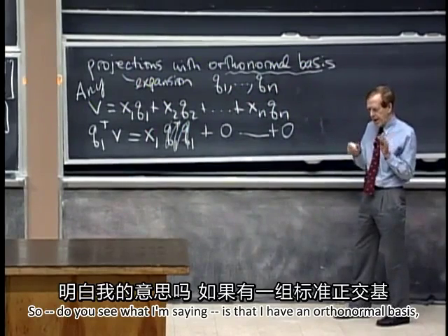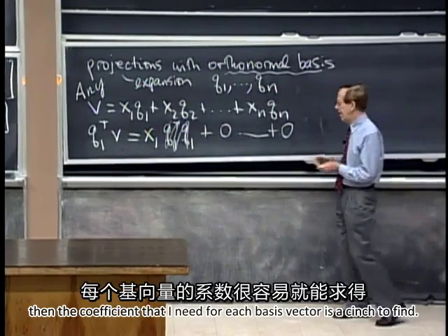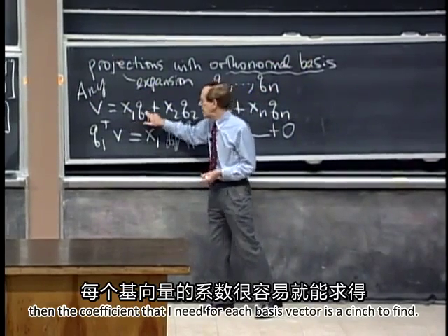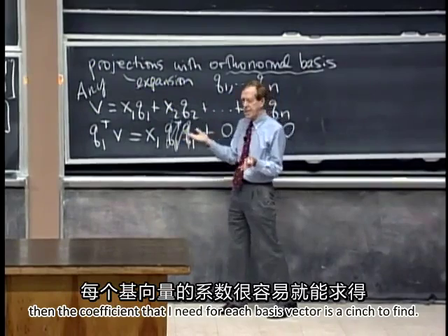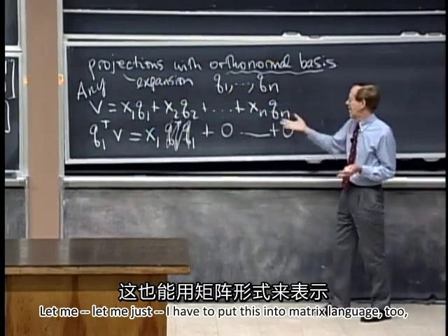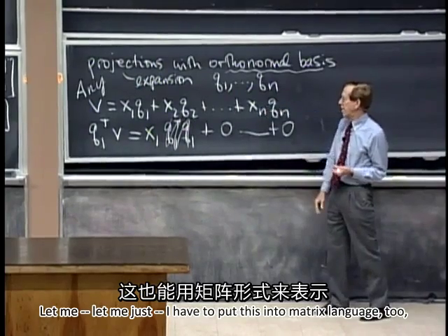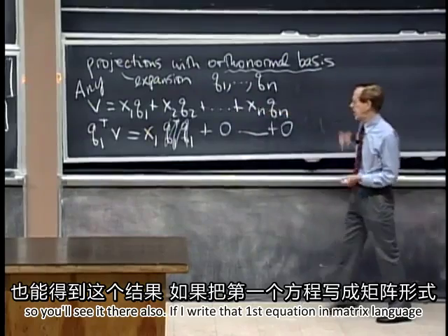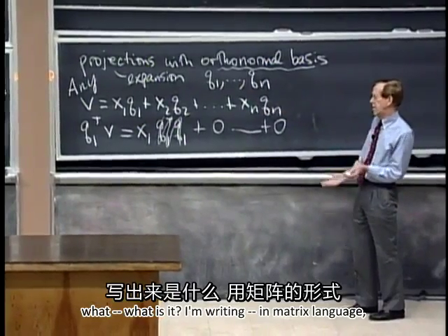So do you see what I'm saying? If I have an orthonormal basis, then the coefficient that I need for each basis vector is a cinch to find. Let me put this into matrix language too, so you see it there also. If I write that first equation in matrix language, what is it?